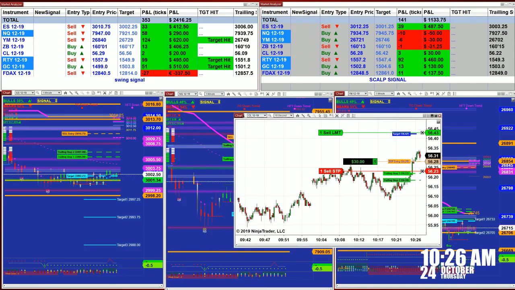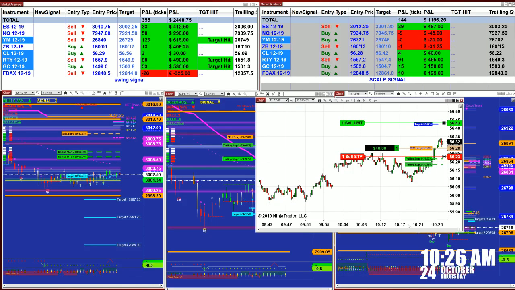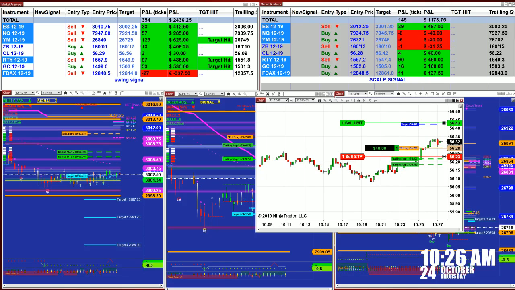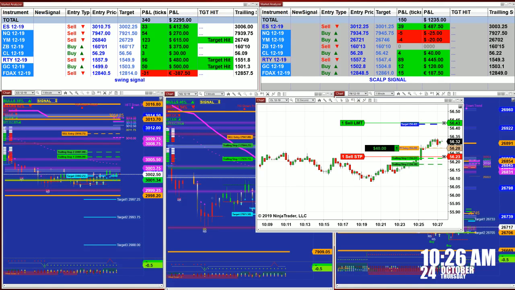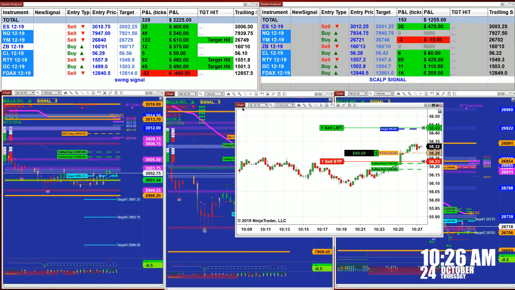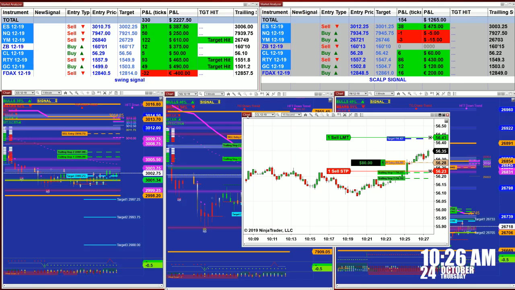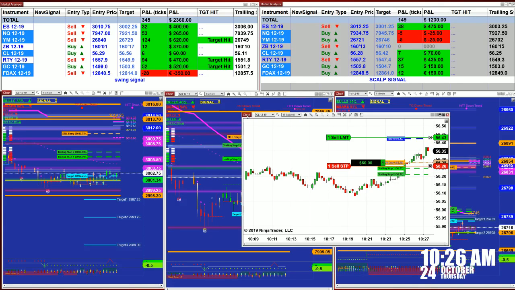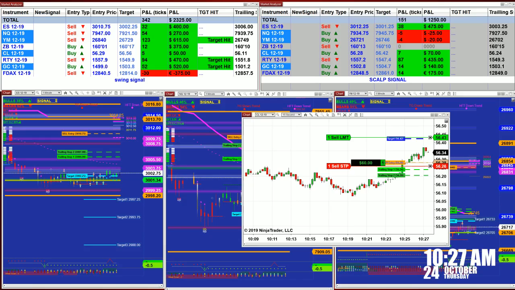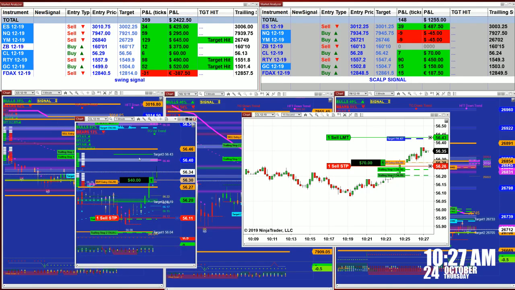This white one is from the scalper automated, and this one here is from the swing trading.